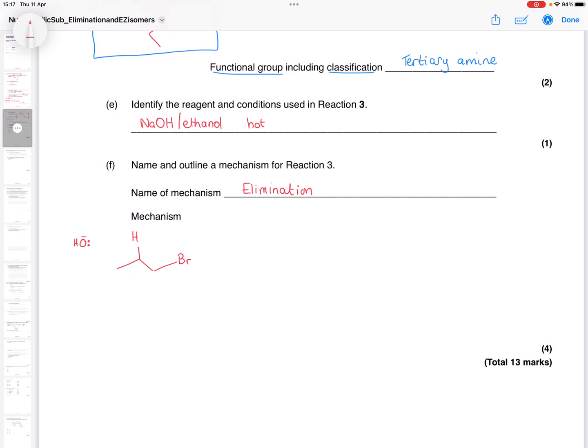So instead of doing nucleophilic substitution, our hydroxide ion is going to accept a proton, acting as a base. The proton is then going to give up its electrons to form the double bond, which causes the leaving group, the bromide ion, to leave. And so our product is propene and a bromide ion.